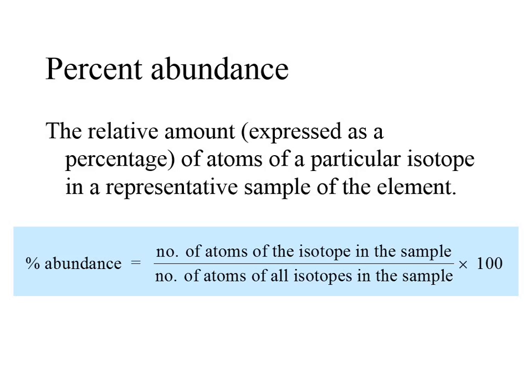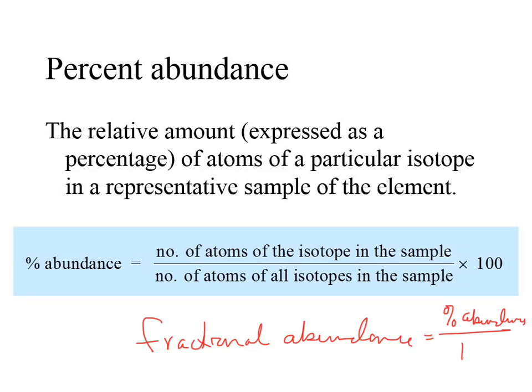Fractional abundance for an isotope is equal to percent abundance divided by 100. Okay, so that's fractional abundance. Percent abundance, sorry.